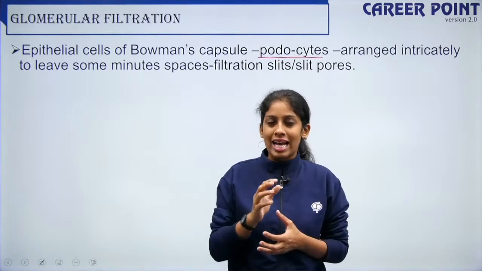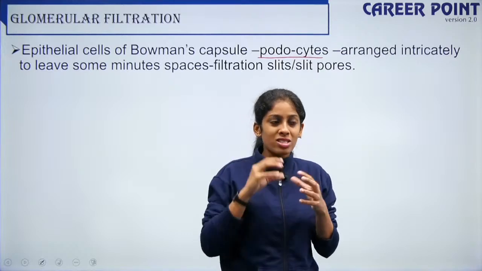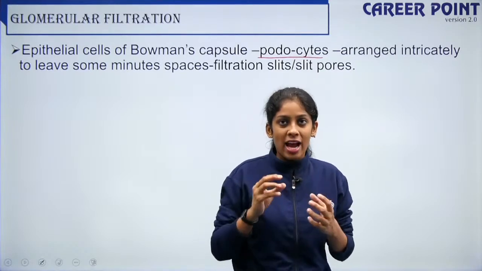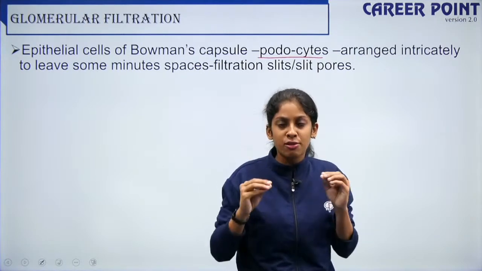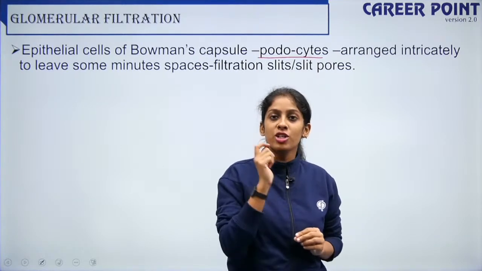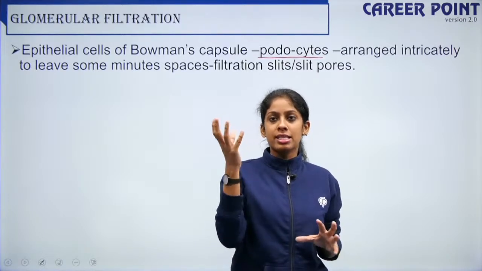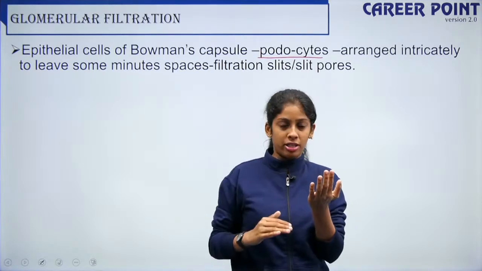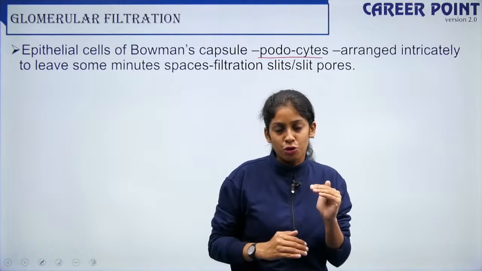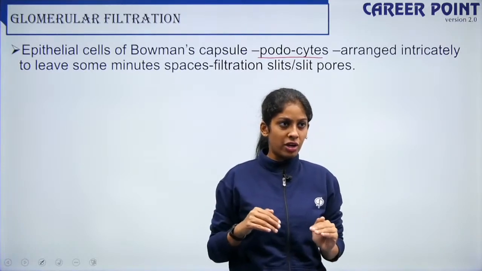But here the podocytes, that is the epithelium of the Bowman's capsule, have these slits or pores at definite intervals, right? These slits are so perfect that when the blood is filtered, blood has a component known as plasma and the RBCs, right? Obviously the RBCs are the formed elements, a thick solid portion, so they will not be filtered. How about the plasma portion? Plasma is the liquid portion, so it should get filtered, right?